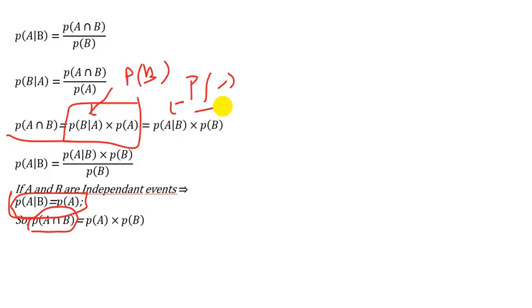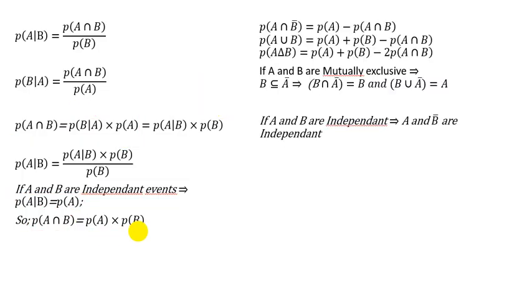So from now on, if you know that A and B are independent, the probability of their intersection is just the product of the probabilities. So it's P(A) times P(B), like this. Now let's see some other operations.